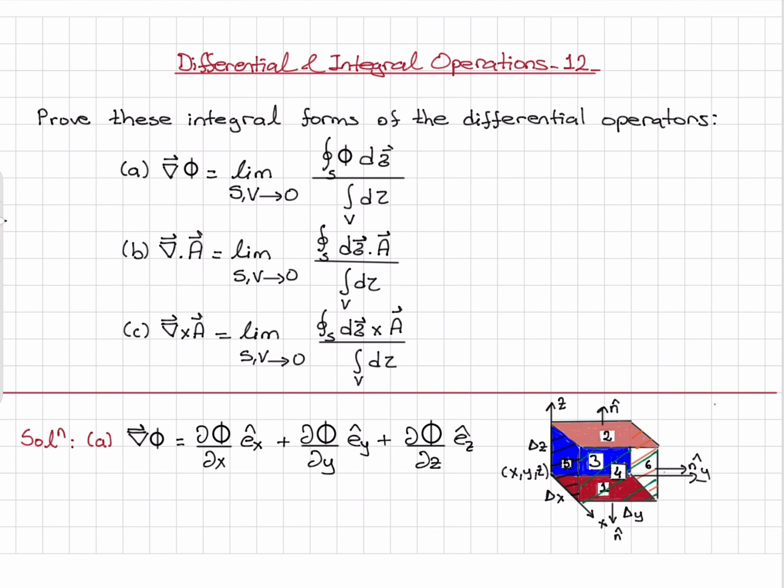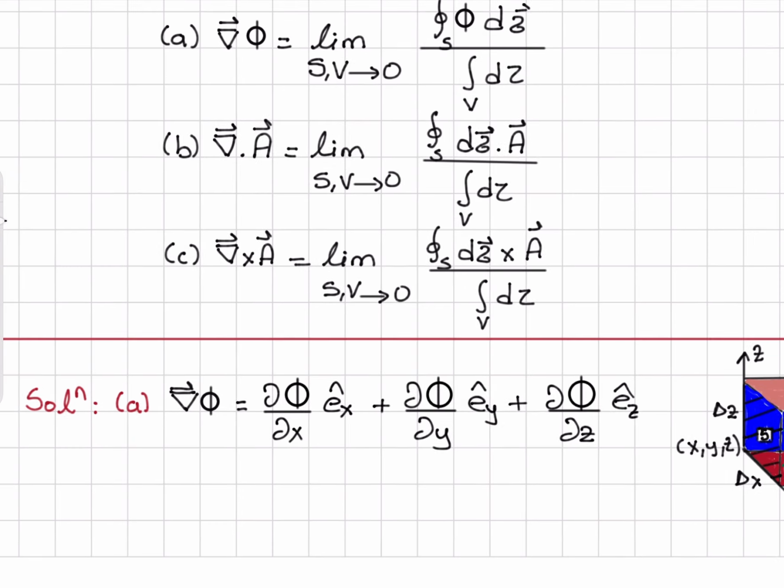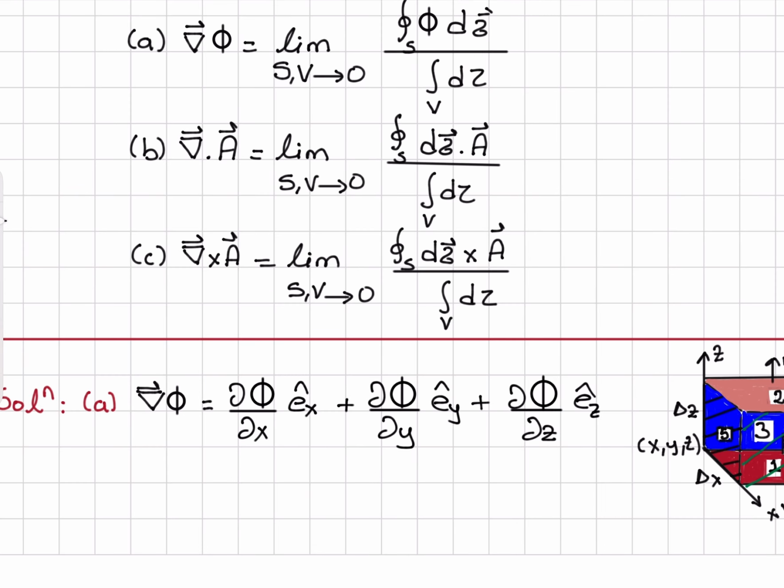So for S1, I have the area vector delta sigma 1, which is delta x, delta y in the minus e_z hat direction.